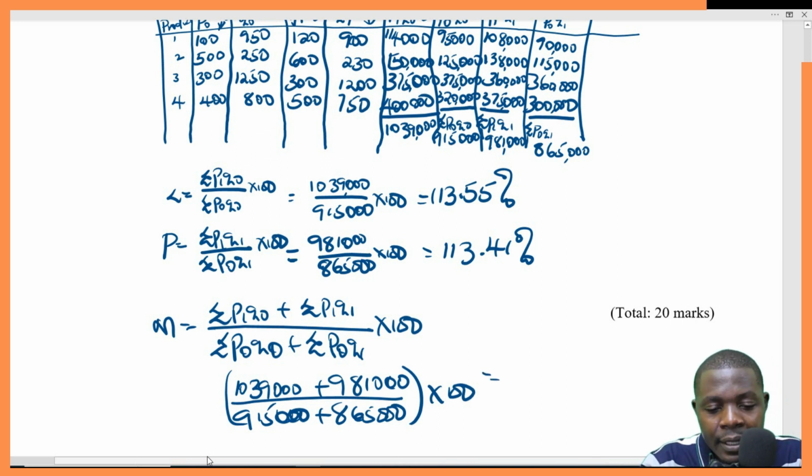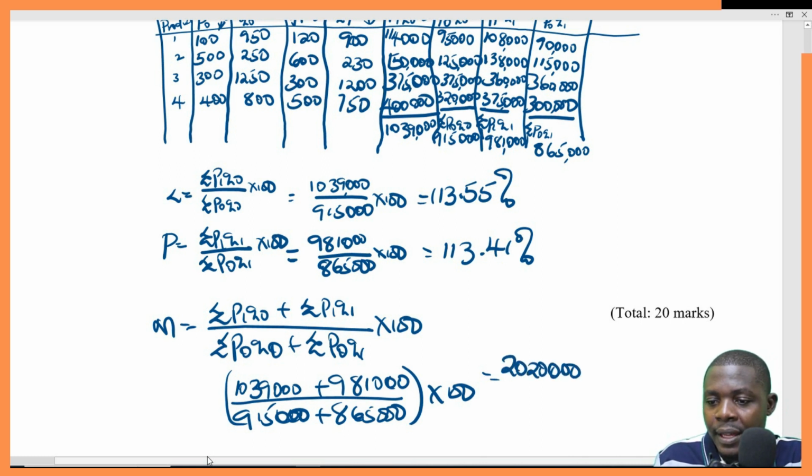Let's try and see. It is 1039 plus 981. If you do that, you get 2020. Okay, we divide by 915 plus 865,000. You get 1780,000.